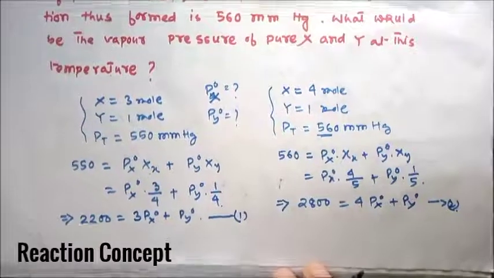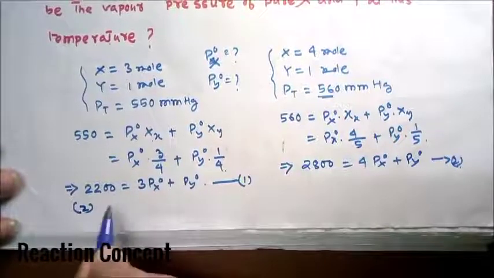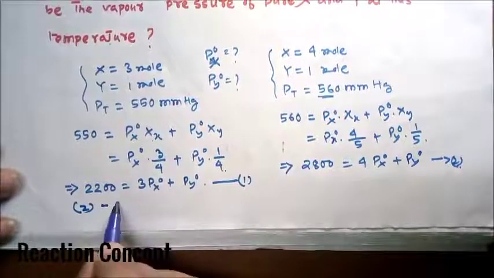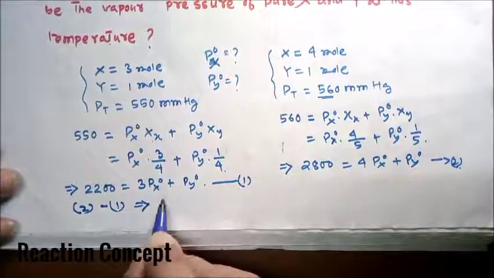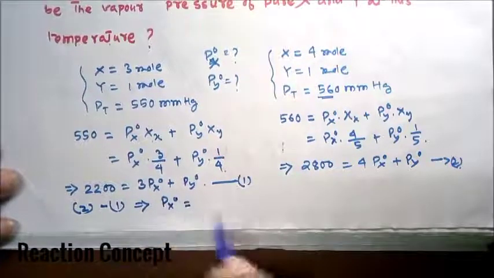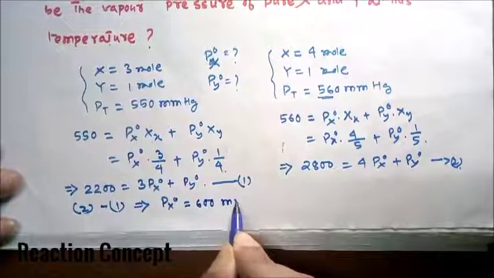So if we calculate this, suppose you subtract equation 1 from equation 2, then you will get Px naught equal to 600 mm.